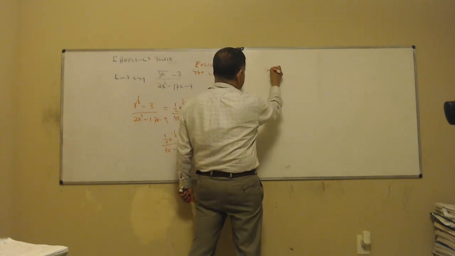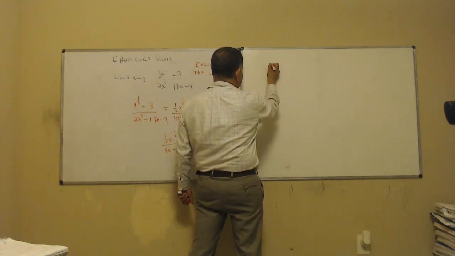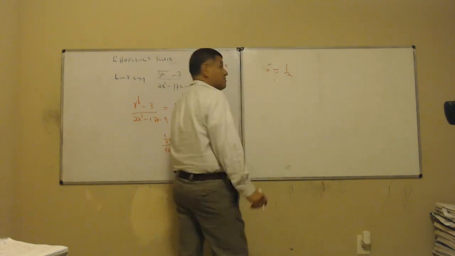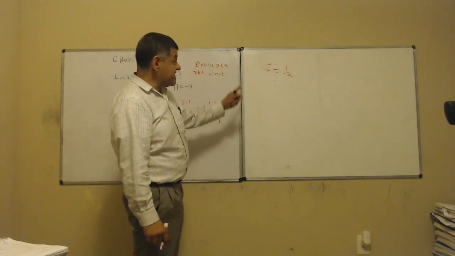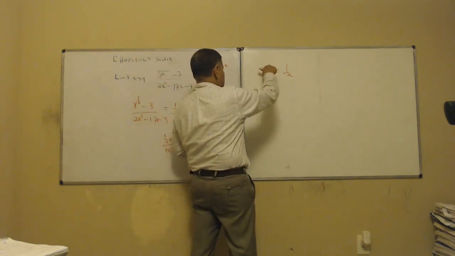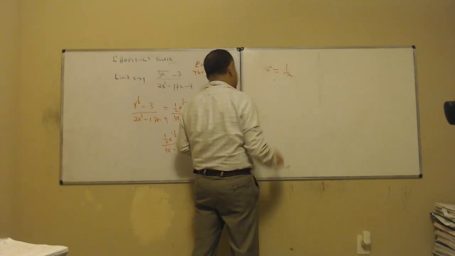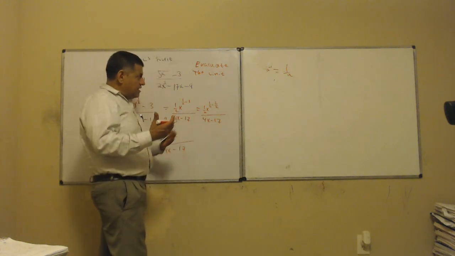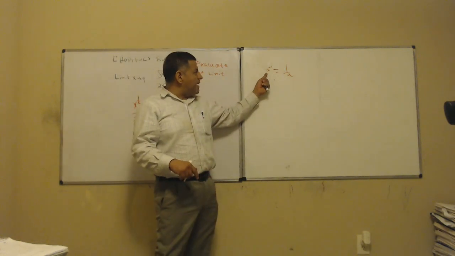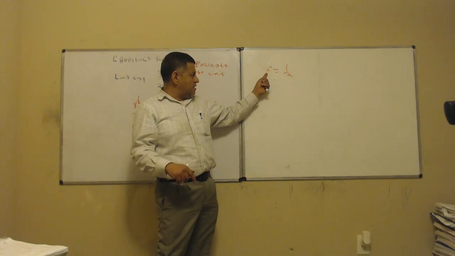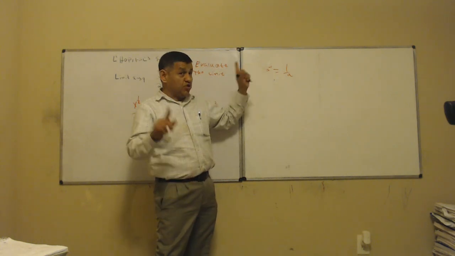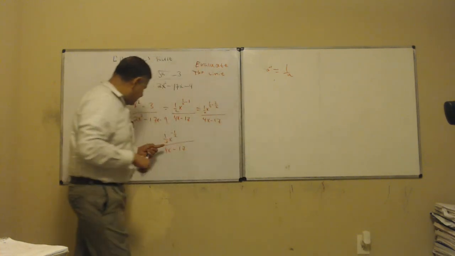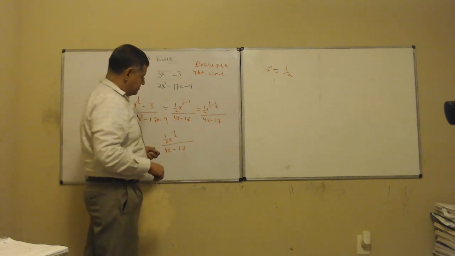So a to the negative 1 becomes 1 over a, right? Hopefully you remember something like that from basic algebra. Even in calculus, we're dealing with basic algebra. You've got this little toolbox of tools from basic algebra, you pull that out and you use it over here in calculus.